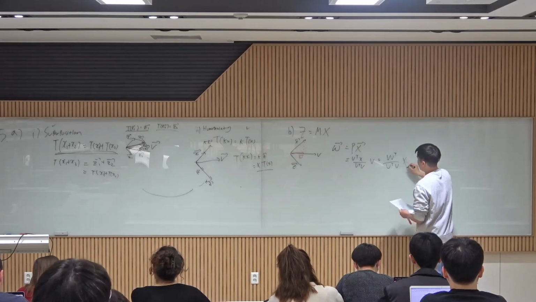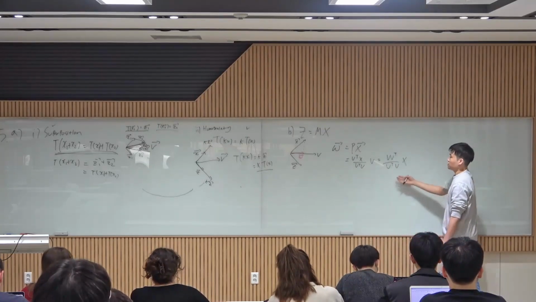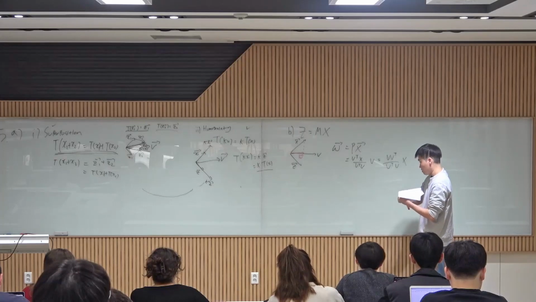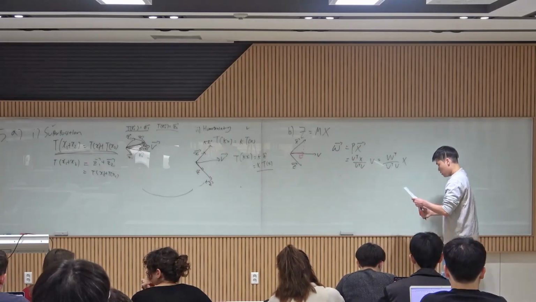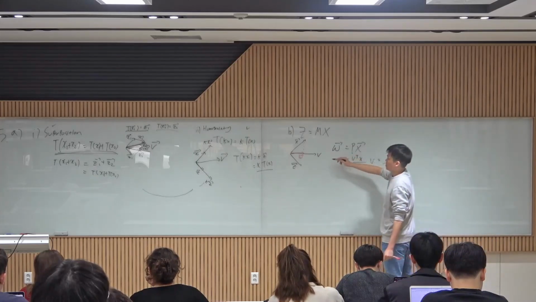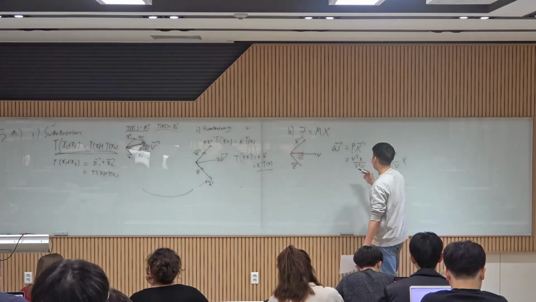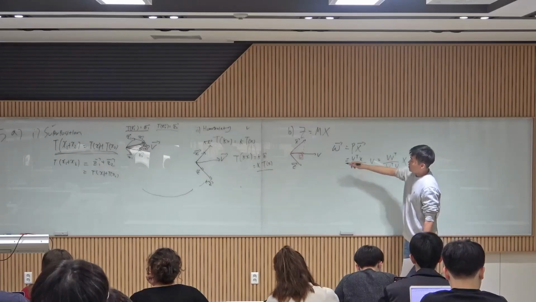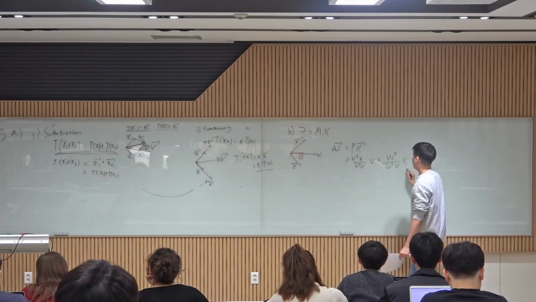If you don't know why this equation is satisfied, go back to the lecture note and check it out there. So we now find the projection of x on the direction of v, which is omega.